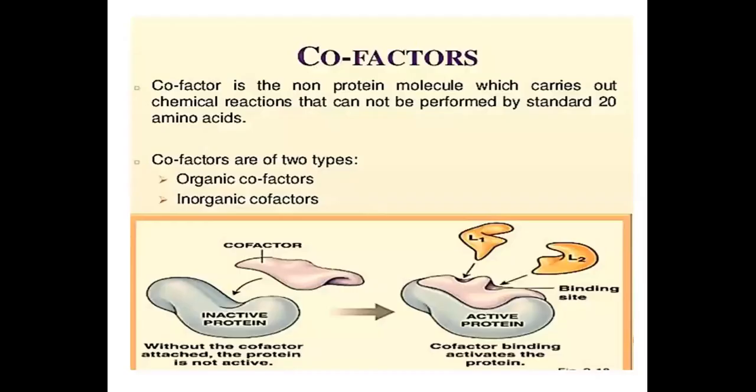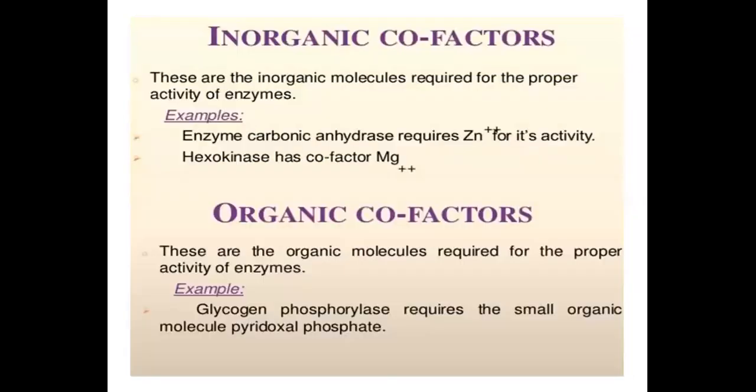Here some cofactors are also there. Already I have discussed that there are two types of cofactors: one is inorganic cofactor and one is organic cofactor. We have to remember some names. In hexokinase, the cofactor is magnesium two plus, or in carbonic anhydrase the cofactor is zinc two plus.